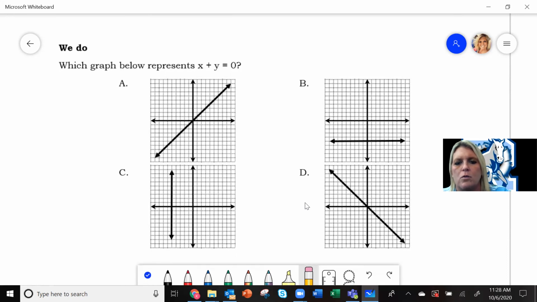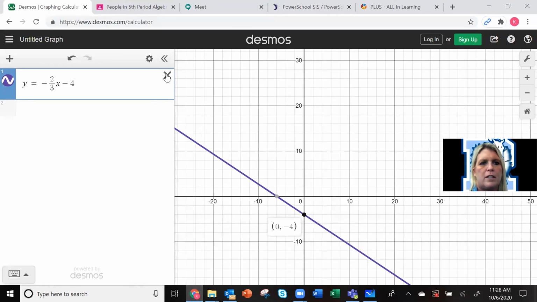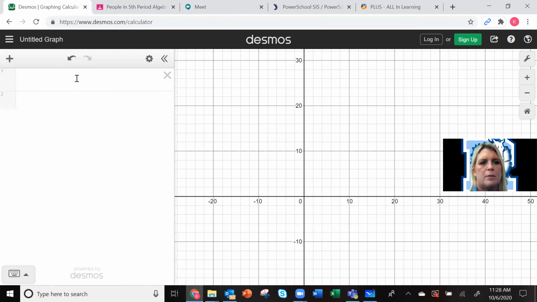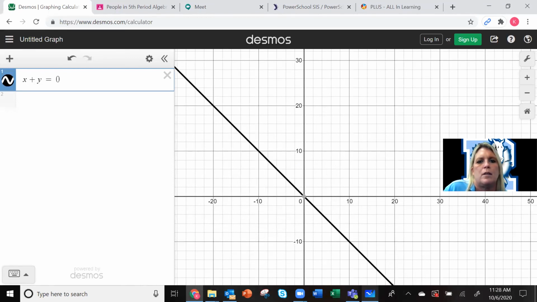All right, so you should have put this in the calculator. So let's go to Desmos. I'm going to click back in, and the equation was x plus y equals 0.